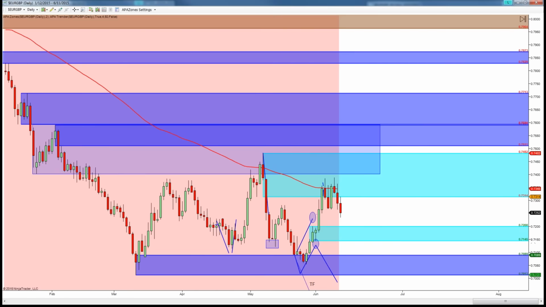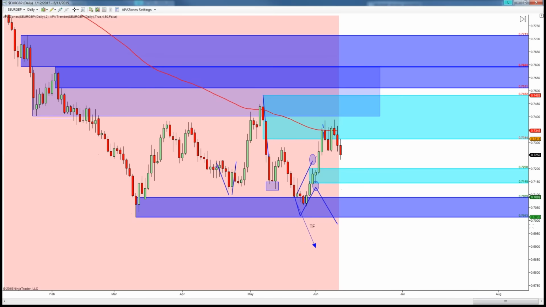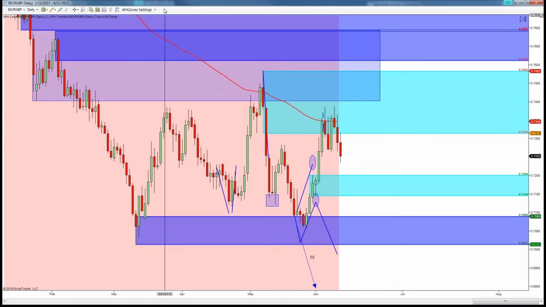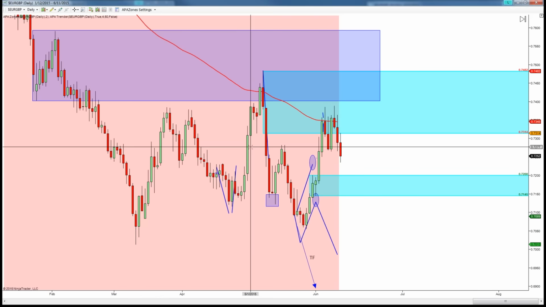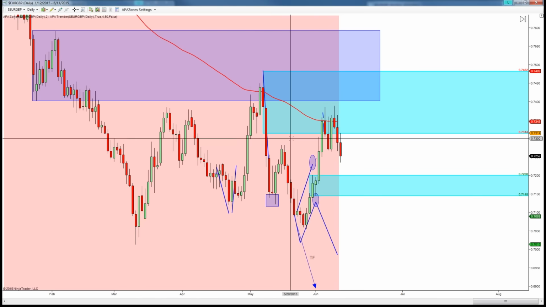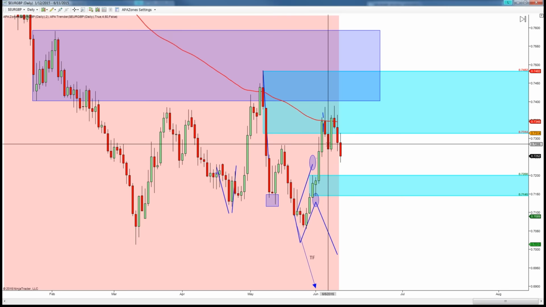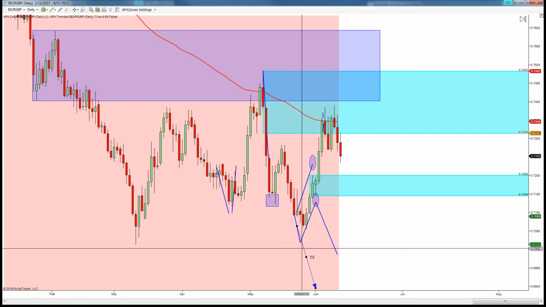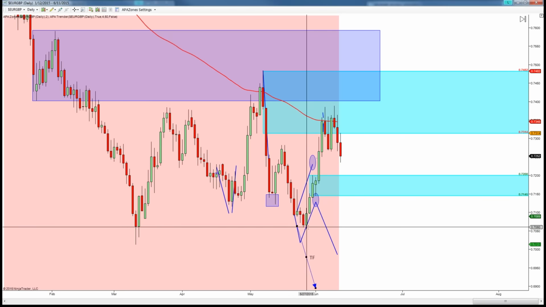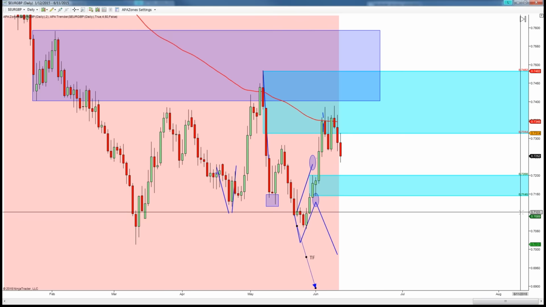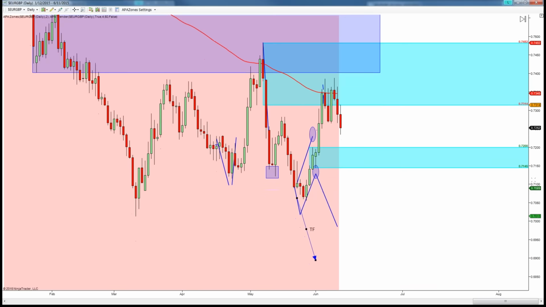All right, so here on the euro pound, let's just go ahead and look at the current levels. I'm just going to go to our context chart here. All right, so we've been looking at a trend follow play to the downside here. And it looks like we didn't update our chart last week, but that is okay.